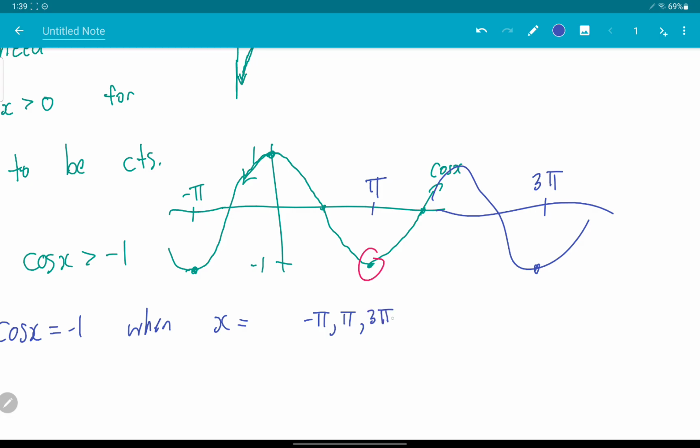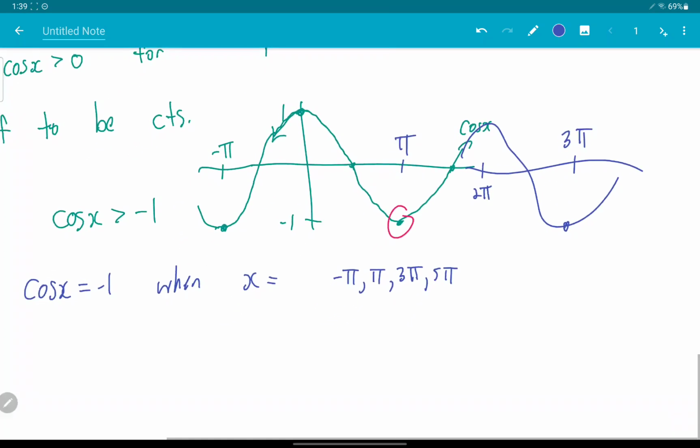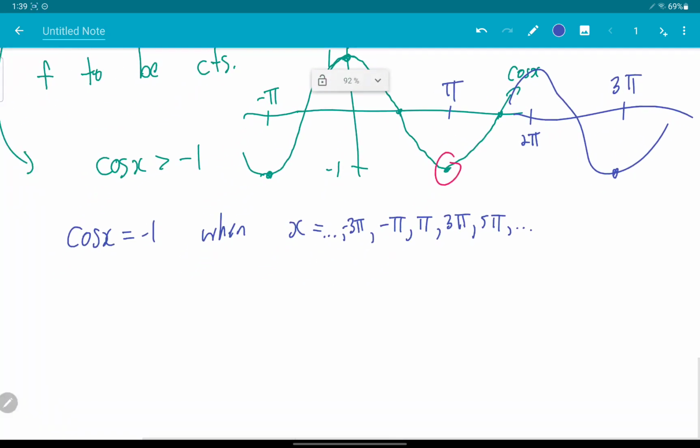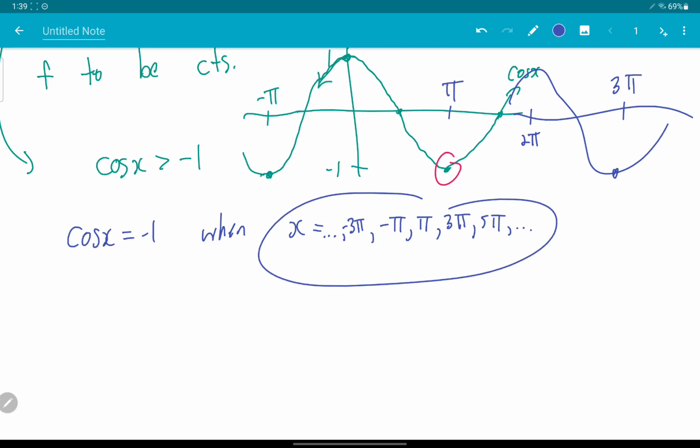It'd be like 3 pi, 5 pi. This was 2 pi here. And if you go backwards, you get -3 pi. And we'll use some dots to indicate that this list extends to infinity in both directions. So cos x equals -1 when x is one of these guys.